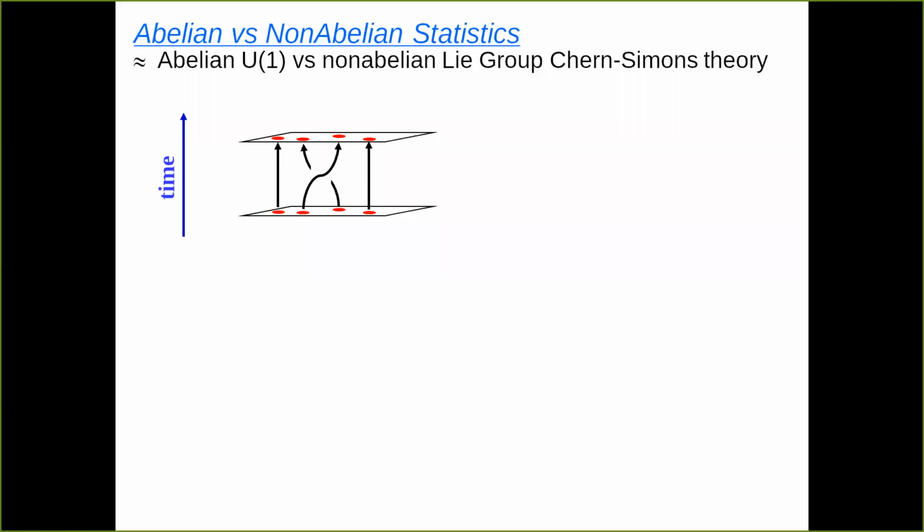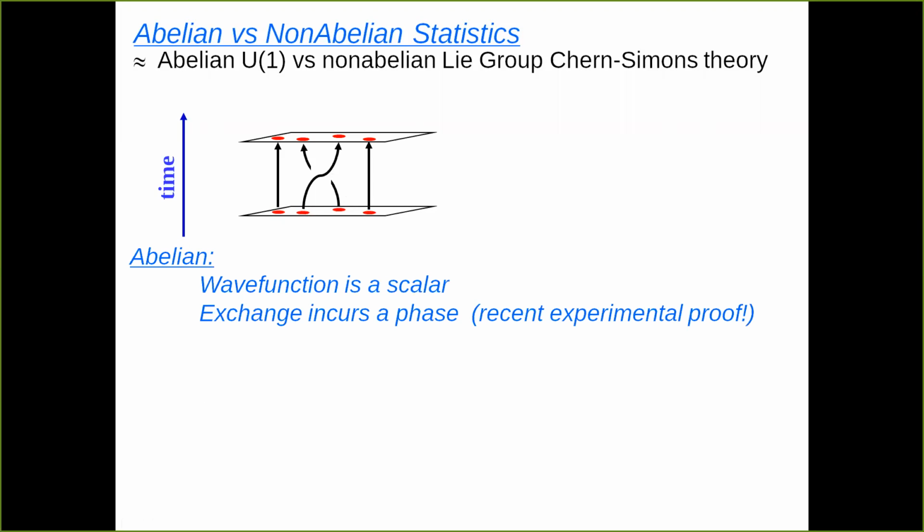To give you an idea what we mean by this, imagine having some quasi-particles in your 2-dimensional sample. You exchange 2 of the quasi-particles, and you want to ask what happens to the wave function when you exchange them. For an abelian quantum Hall state, the wave function is a simple scalar, like we usually think of wave functions, and the exchange incurs a phase which is not +1 or -1, like you would get for bosons or fermions.